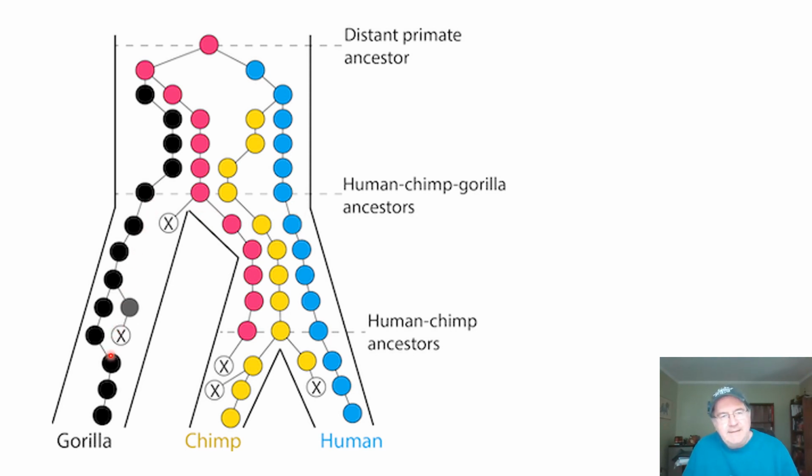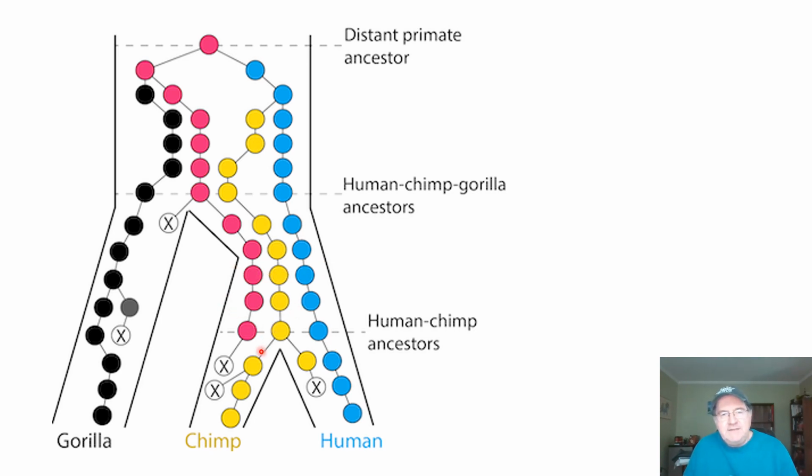And in this lineage that leads to the gorillas, only one of those alleles made it into what is now the modern gorilla population. Maybe this pink one did, but it was eliminated by extinction or just chance early on. And so in modern gorilla populations, we only have the black allele. In the common ancestor that eventually led to humans plus chimpanzees, we started out with three alleles, pink, yellow, and blue.